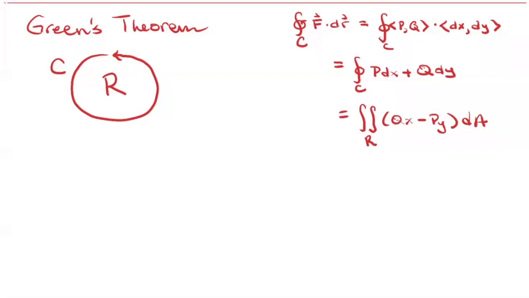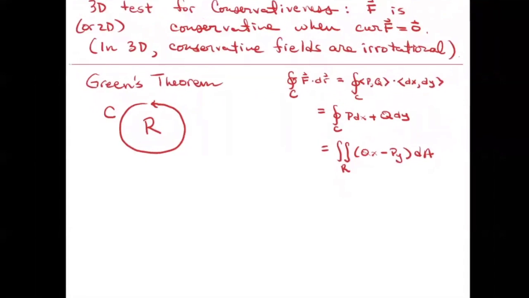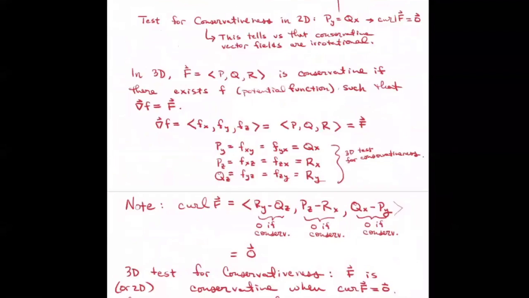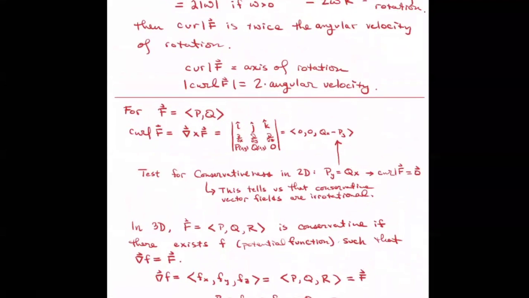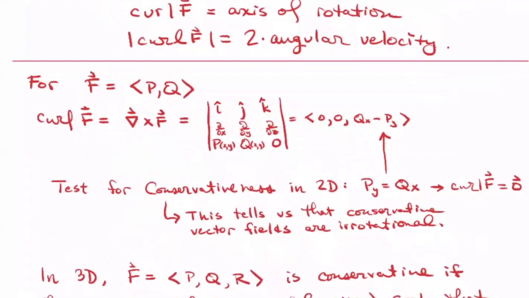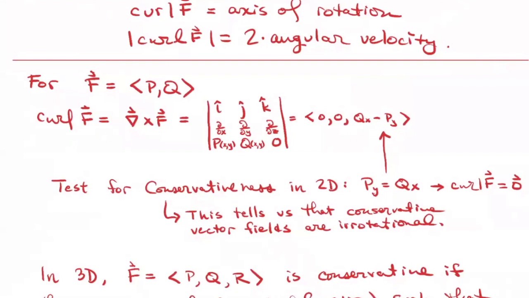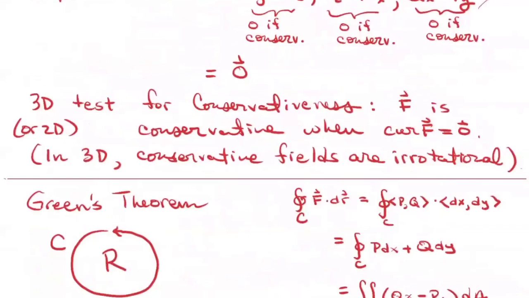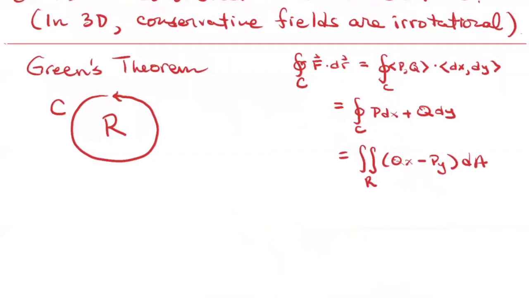The first one is actually super easy. I think we did the curl in two dimensions. Let me back up here. Here it is. So going back from this statement, the curl of the field is this thing. I'm going to backpedal a little. My field is just components P and Q, both functions of x and y.